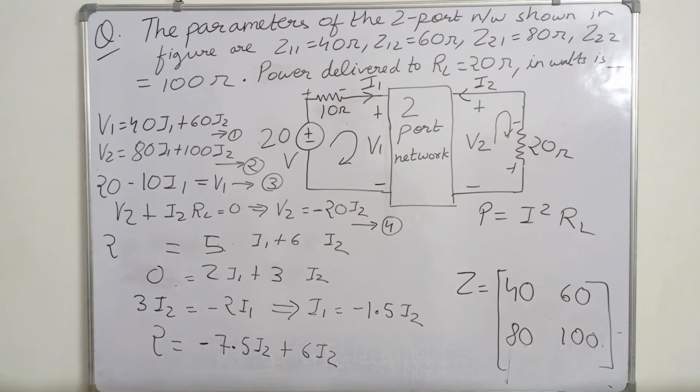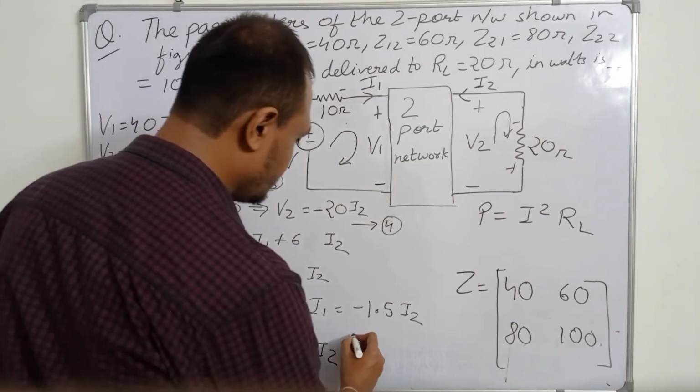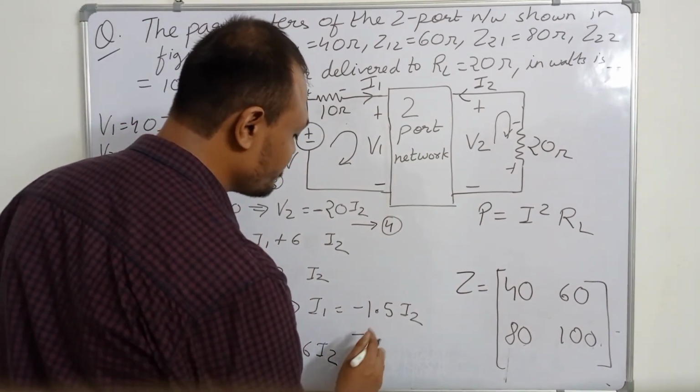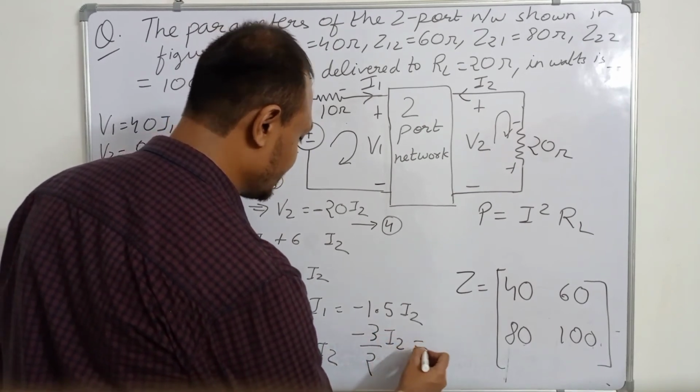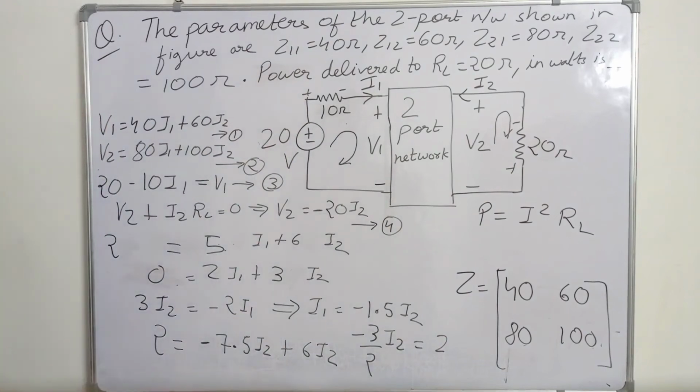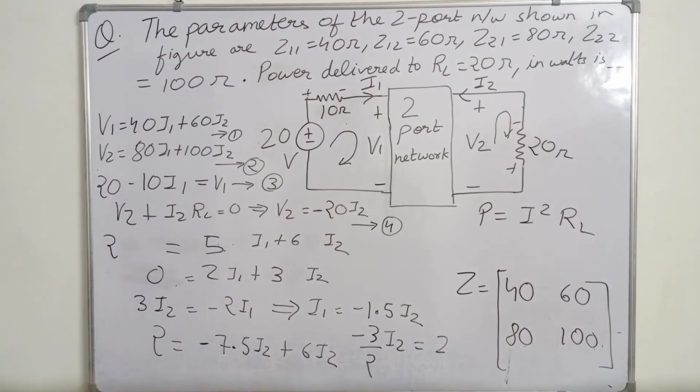So I2 equal to 20 upon minus 15. Minus 1.5 we can also write as minus 3 by 2. So we will get I2 equal to minus 4 by 3 ampere.